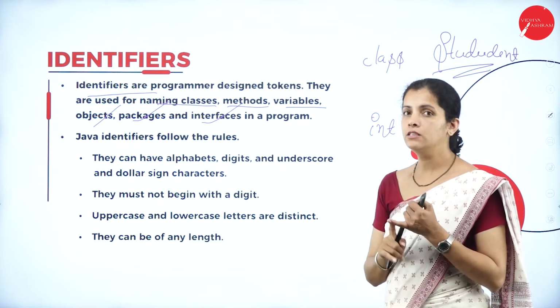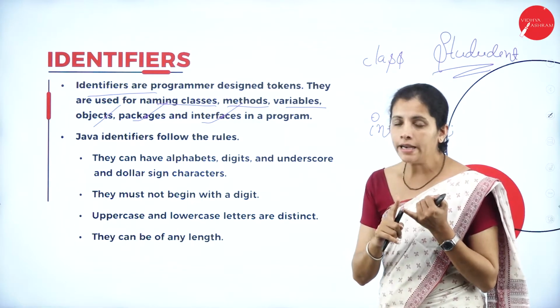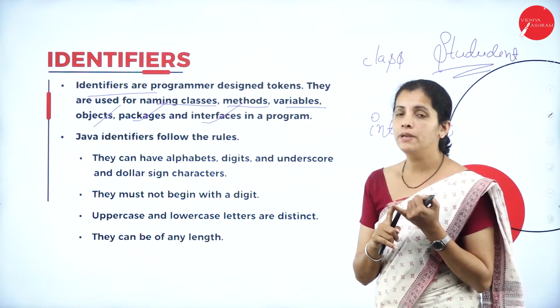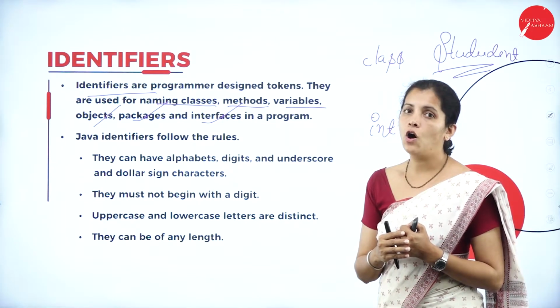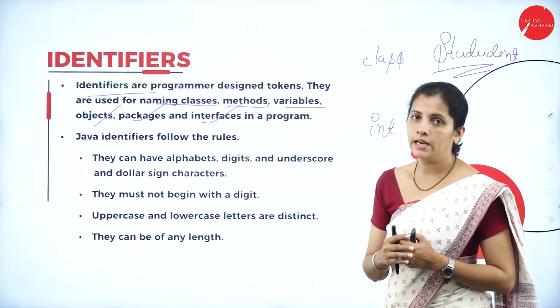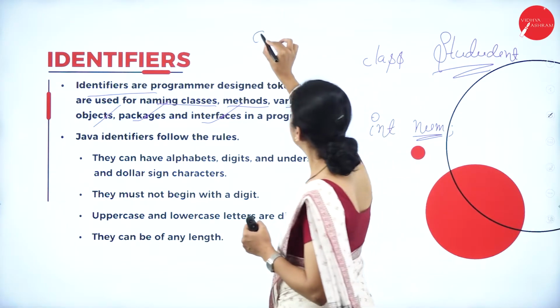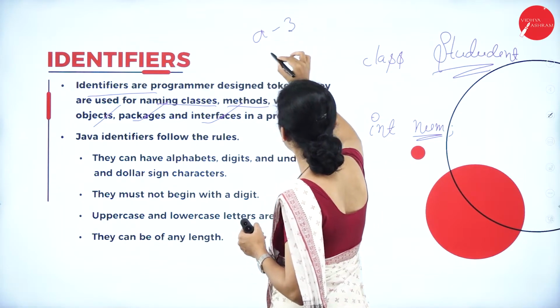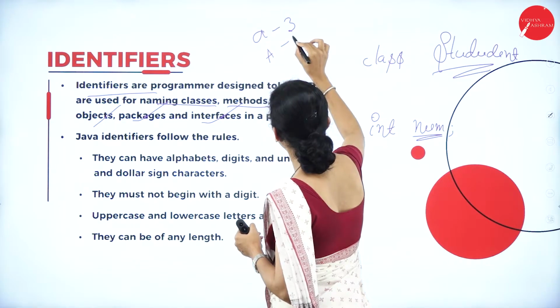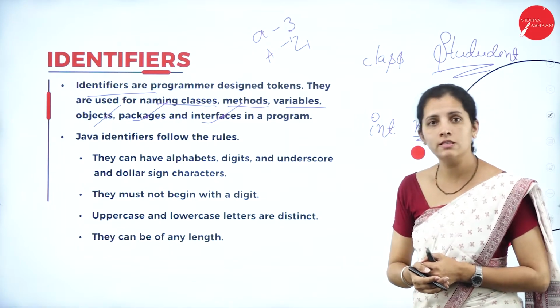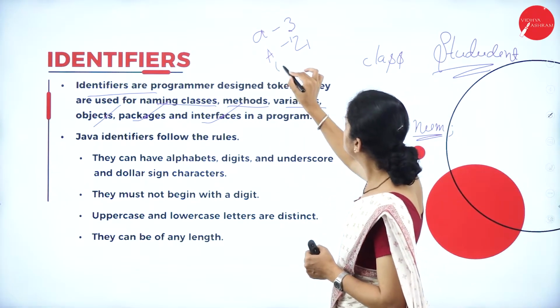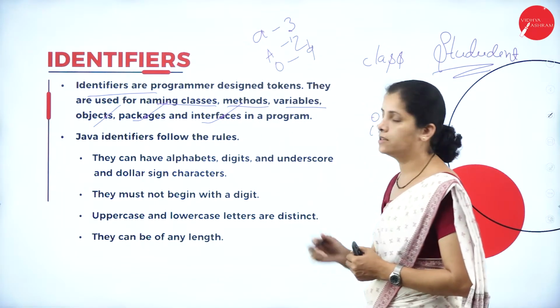Now, what is my first rule? The identifier name must start with an uppercase letter or lowercase letter, that is small letter a to z and capital letter A to Z. Along with that, I can use digits, that is 0 to 9.